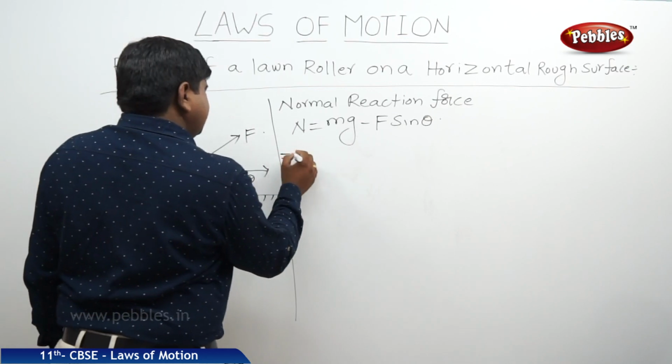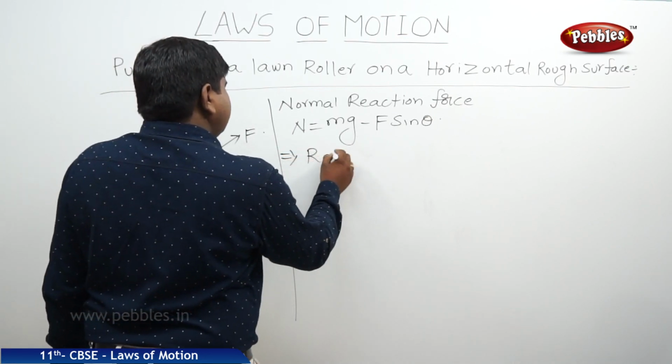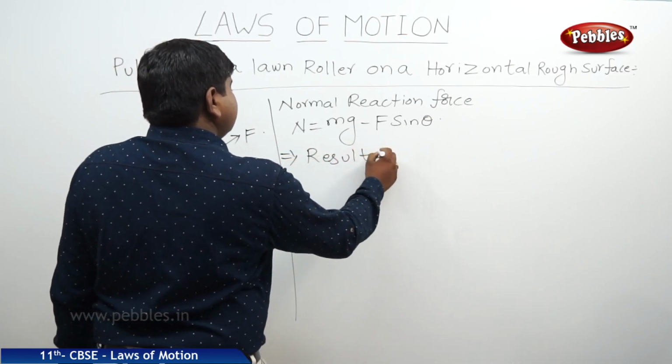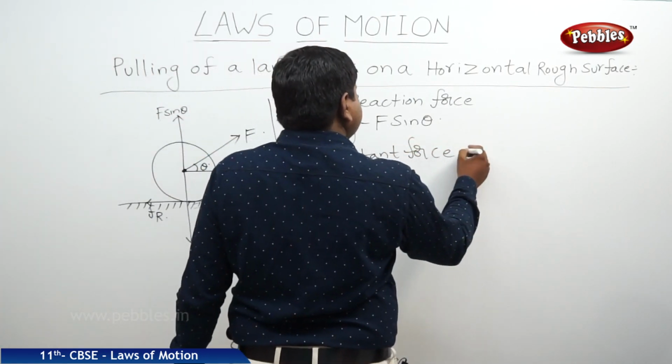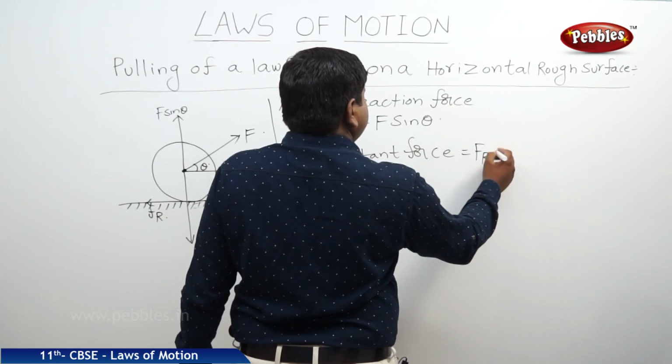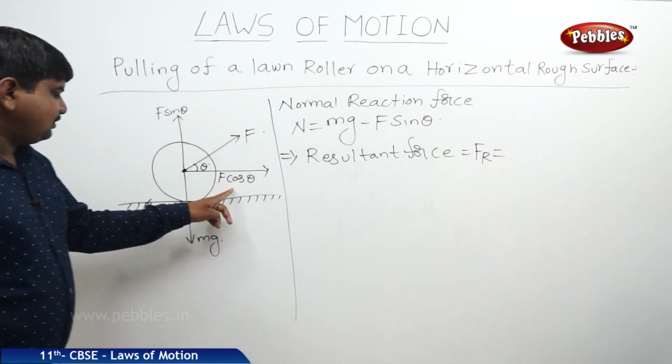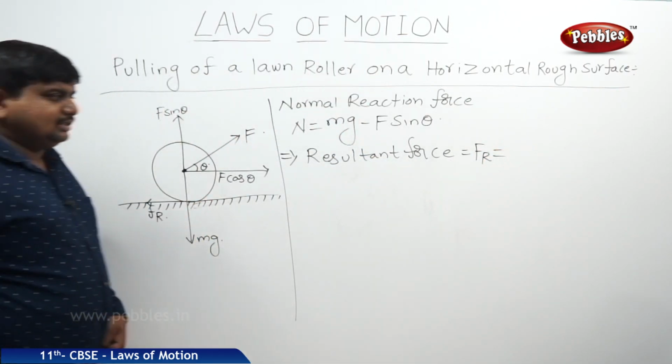In this case, the resultant force is equal to F cos theta minus Fr.